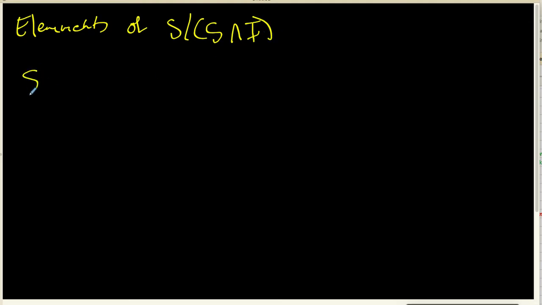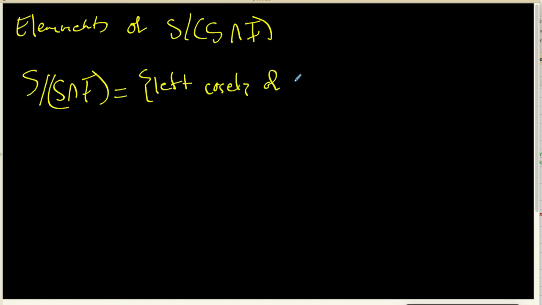So now we're going to look at the elements of S mod S intersect I. Again, S mod S intersect I is just a set of left cosets, but this time it is the left cosets of the ideal S intersect I with representatives inside the ring S, the thing that we're using as our big set.